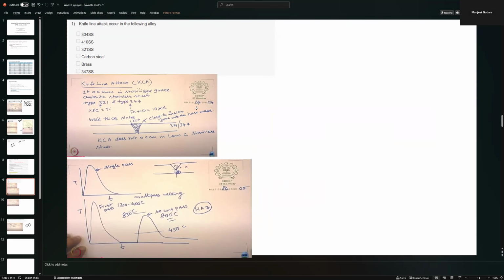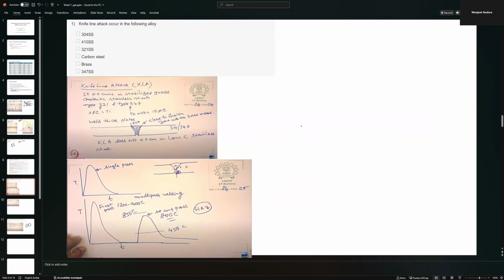Okay, in the knife line attack, what happens is you're forming a weld. It's a relatively thick sample, plates you're welding, so you go through multiple passes.